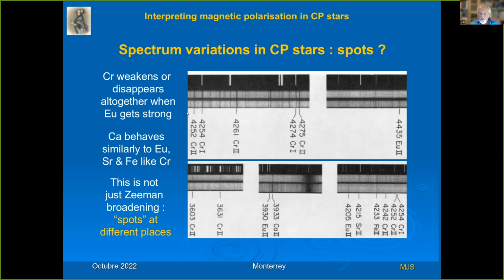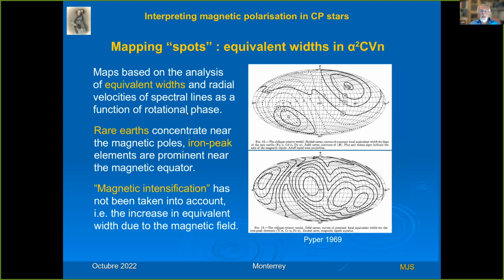Back in 1969, there was the attempt to map the spots, the equivalent widths, in the famous star Alpha Canum Venaticorum. And when you look just at the equivalent widths and the radial velocities of the spectral lines, then you see that the rare earths concentrate near the magnetic poles, and the iron peak elements are more prominent near the magnetic equator.